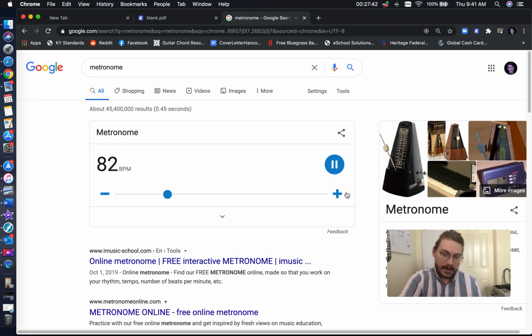So if you have it at 60 beats per minute, there's 60 beats in a minute. There's 60 seconds in a minute. That is exactly the same speed as a clock. All right.